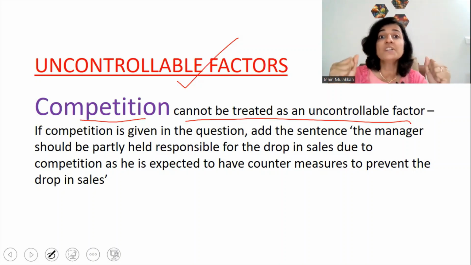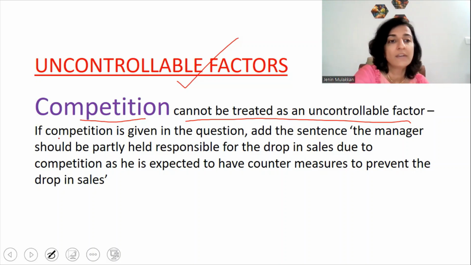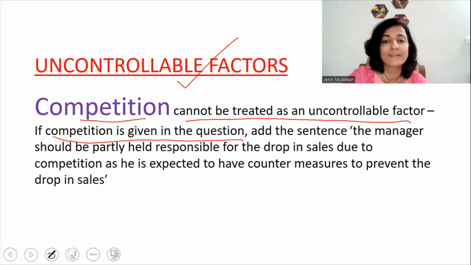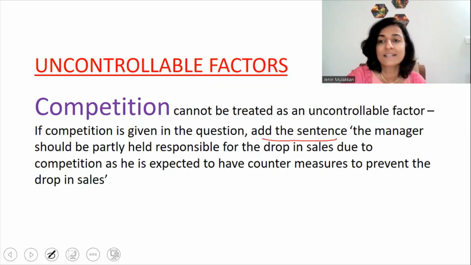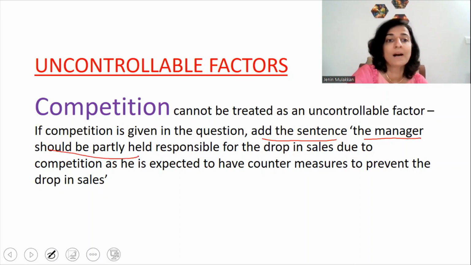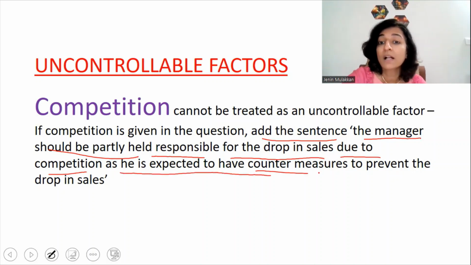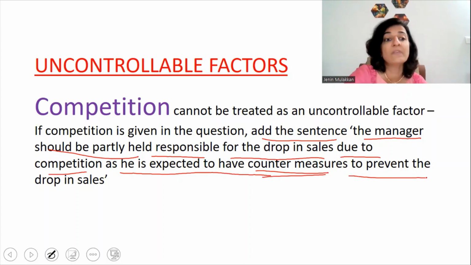They should be efficient enough to withstand the competition. So, if competition is given in the question, add the sentence, the manager should be partly held responsible for the drop in sales due to competition, as he is expected to have countermeasures to prevent the drop in sales.